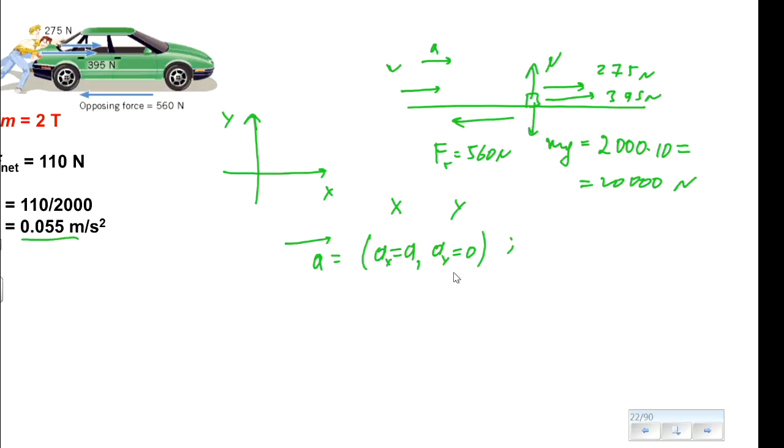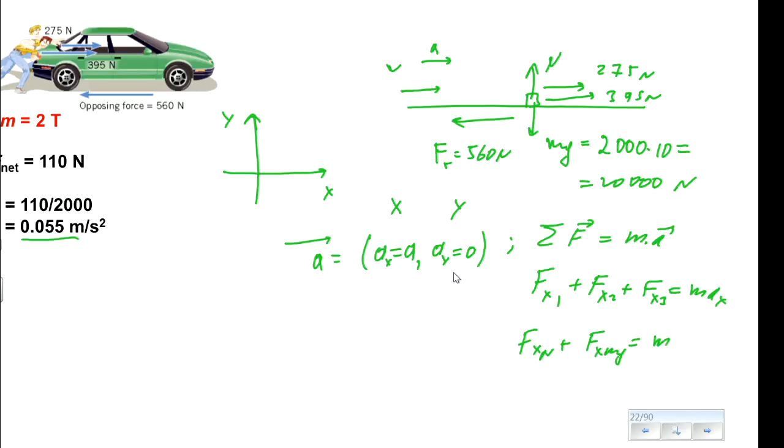From Newton's second law, the sum of all forces is equal to m times a. We know how to use vectors. We just write Fx1 plus Fx2 plus Fx3 equals m times ax, and for y, F normal plus Fyn. Right?